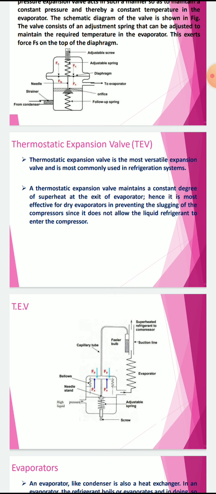The thermostatic expansion valve has a very good advantage because of a constant degree of superheat at the exit of evaporator. Hence, it is most effective for dry evaporators in preventing the slugging of the compressors, since it does not allow the liquid refrigerant to enter the compressor.